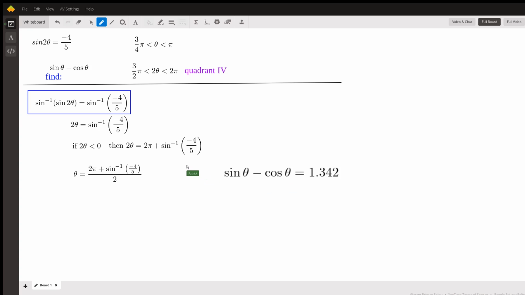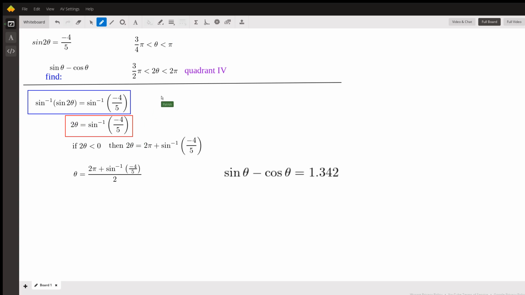Now we have an issue when you're using your calculator, and that is that here on my calculator, I get a negative number.